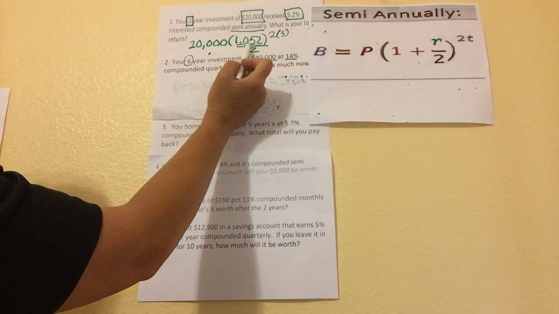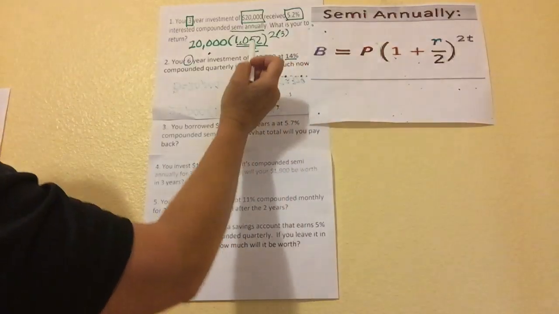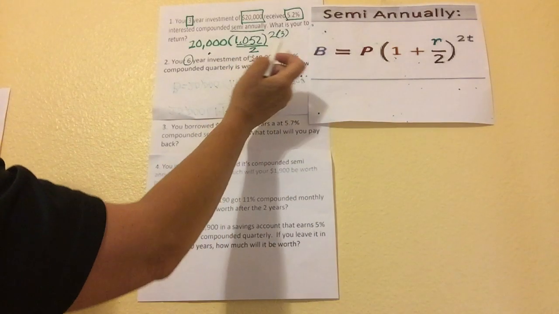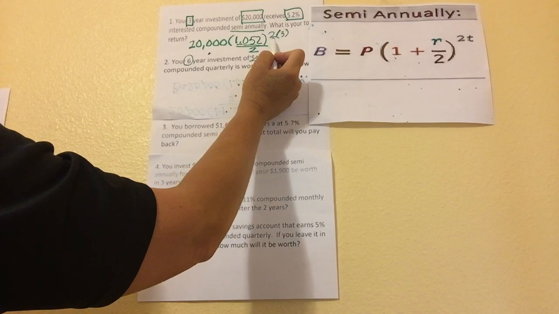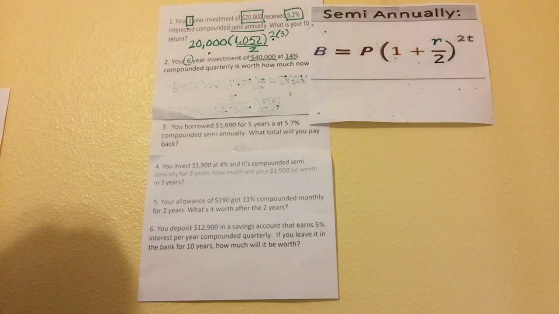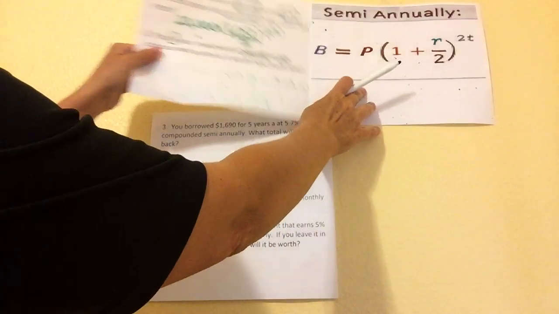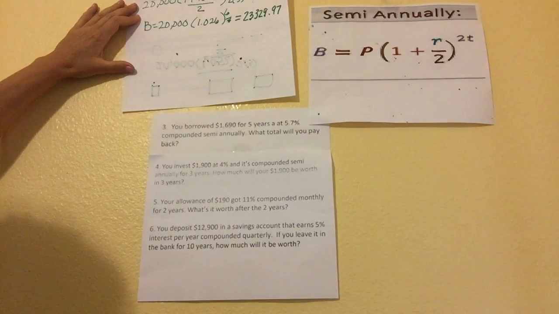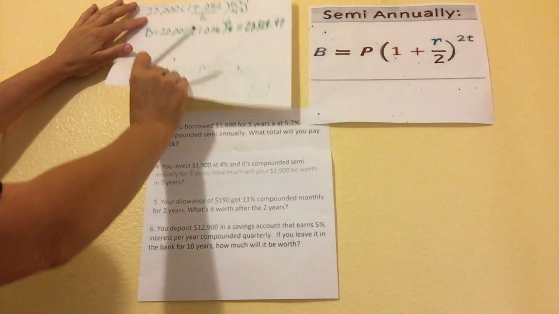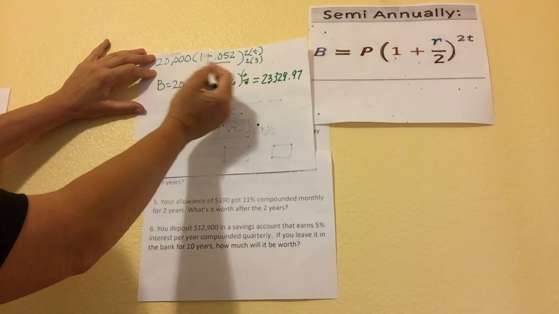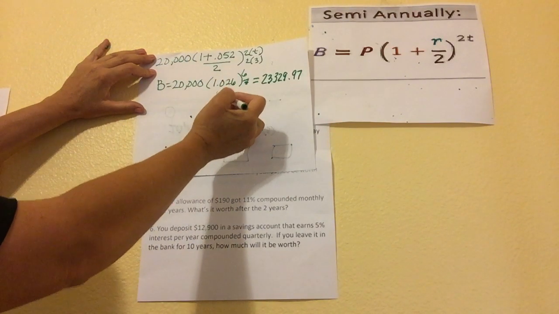We plugged in 1 plus R over, well, we did this part, okay? And then we put the 2 on the bottom. And then 2 is the formula, and then 3 is the years, okay? So if you watched yesterday, you can see that we solved this, okay? So we put in what we just went over, right?